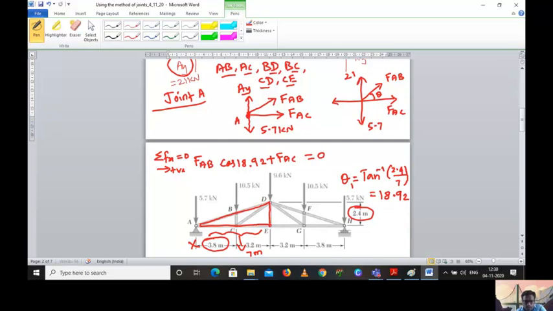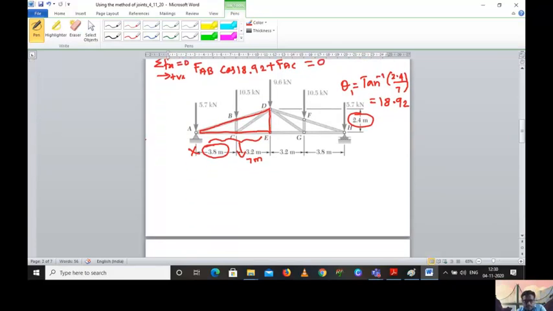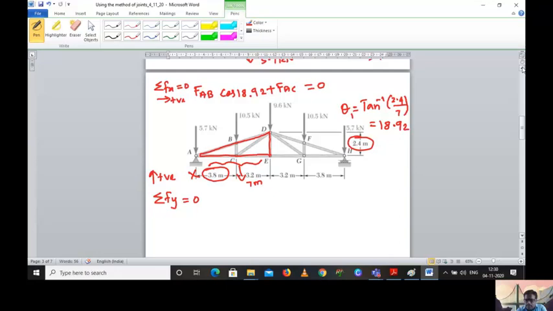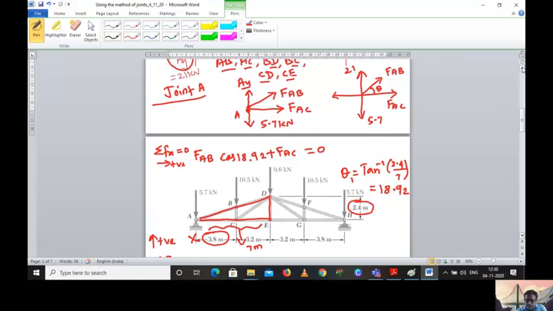With this, we don't know what FAB is, we don't know what FAC is, so we cannot calculate the value. For that, we have the next condition, that is summation of forces along y is equal to 0. We are assuming that upward is positive. Based on the parameters of this sketch, we have two forces: 5.7 acting down and 21 acting up, quite opposite, and also FAB.